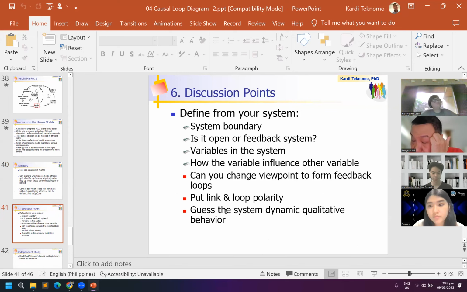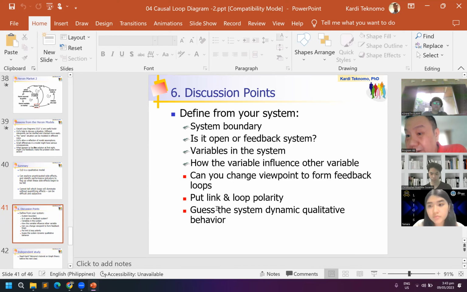So now in your group project, can you start to draw the CLD? In your group project, you're supposed to draw the CLD, and then later on, you will draw the SFD, the one that I will discuss after this.